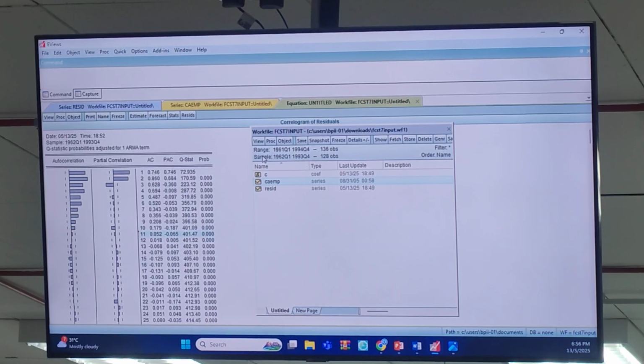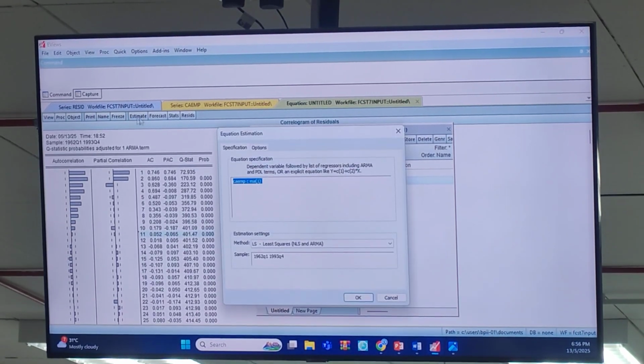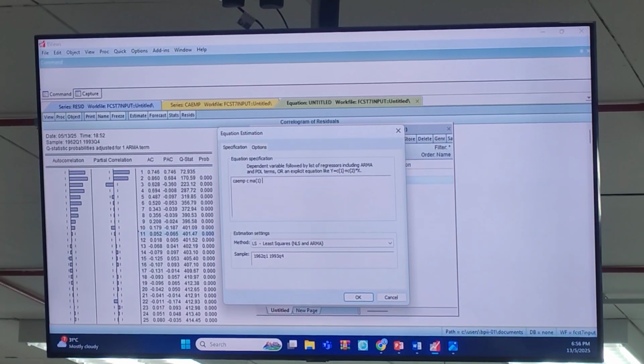How about MA2? To estimate MA2, you re-estimate and add MA2 as well.